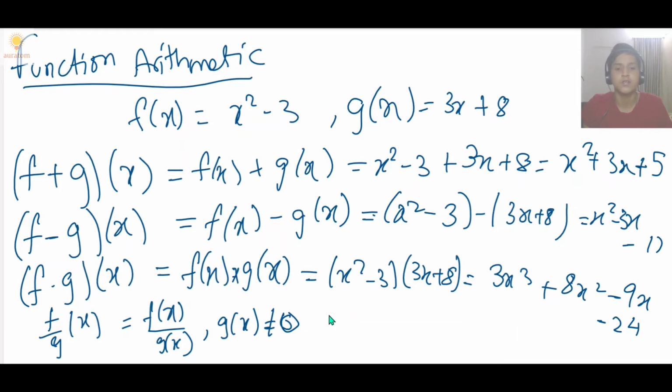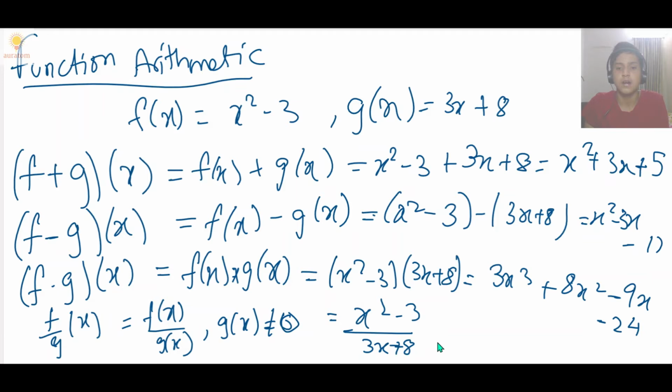So let's just do this. f of x by g of x is going to be x squared minus 3 by 3x plus 8. Now we should be careful here, because x can't be anything. x should not be the value which makes this term 0, because if this term is 0, g of x is 0, and we can't divide, right?